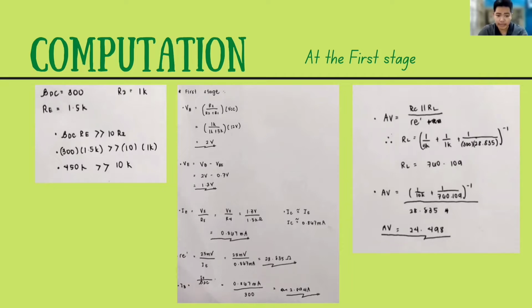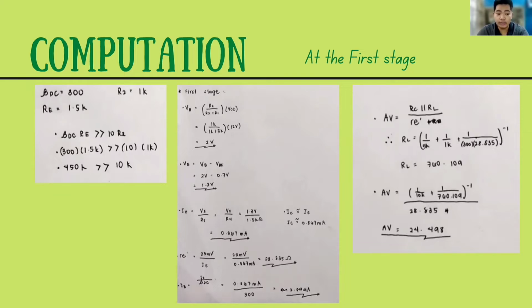For the two-stage transistor amplifier, we found out that the Rin base is much more significant than the value of R2. Therefore, we can utilize the formulas and equations given in our ECE lecture. After getting the values needed, we plug them into our equation for AV.